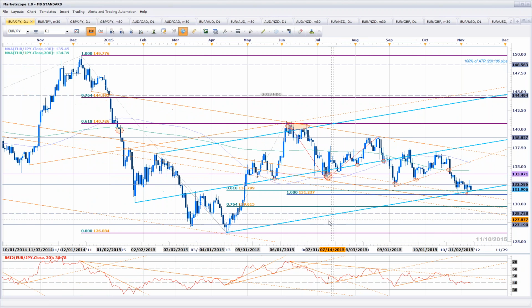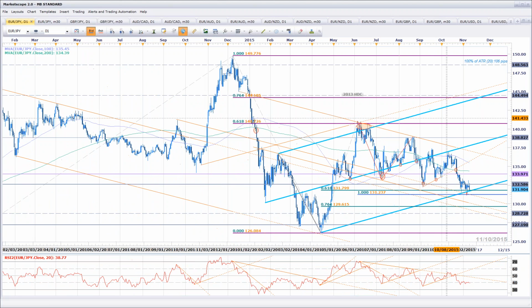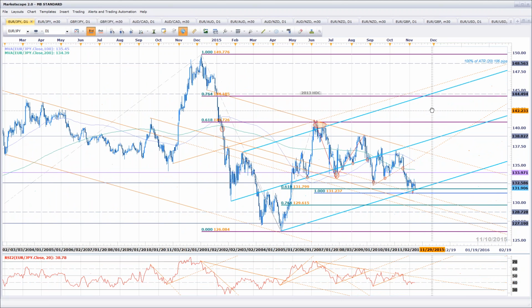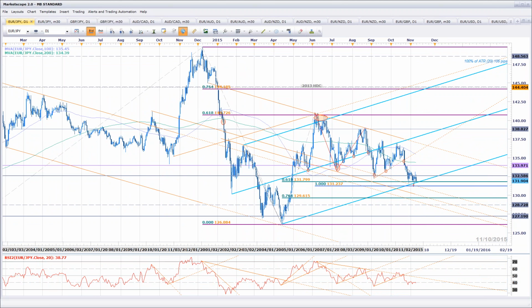This region into 131.80 is so radically important on so many different outlooks on this.